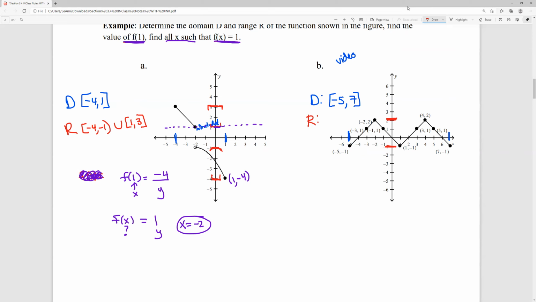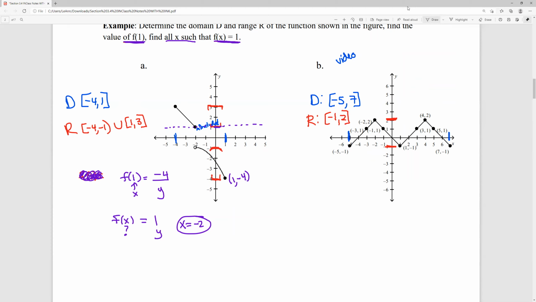So every single point is used in between. I can pick any point I want in this little region, and I can find a point on the graph that corresponds to that, either to the left or right of my y-axis. So, and we are including the endpoints again. There's closed circles. So this would be everything from -1 to 2. Our whole graph is squished in between that y value range. So that is our domain and our range.